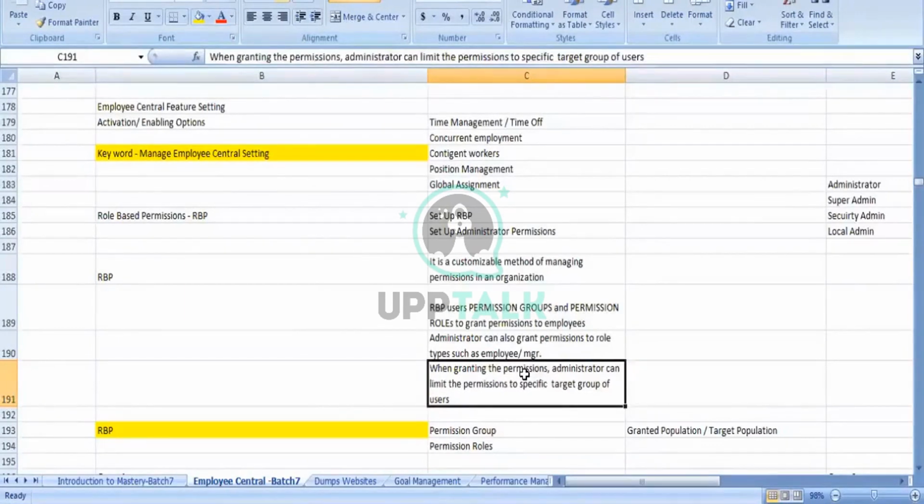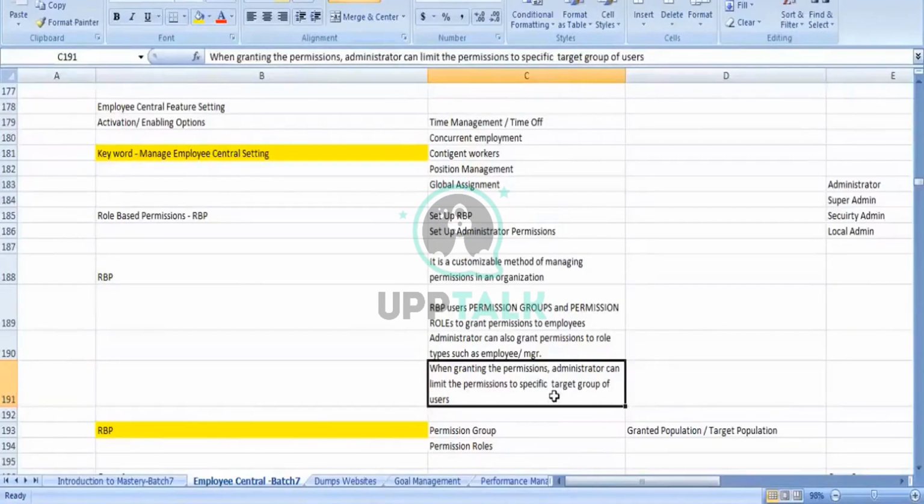No. In SuccessFactors, if they want to run the payroll, they should have some permissions, and only then can they run the payroll. That is why it says administrators can limit the permission to a specific target group of users.